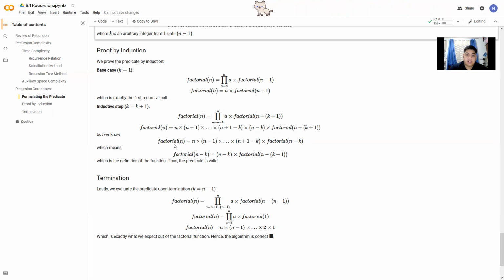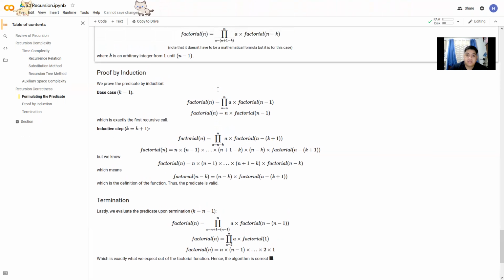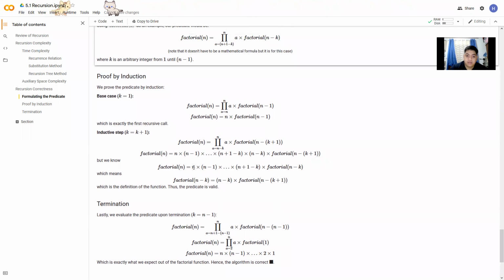Now, recall that without having k be equal to k plus 1, the expansion of our predicate would look like this. So it's from n up to n plus 1 minus k times the factorial of n minus k.